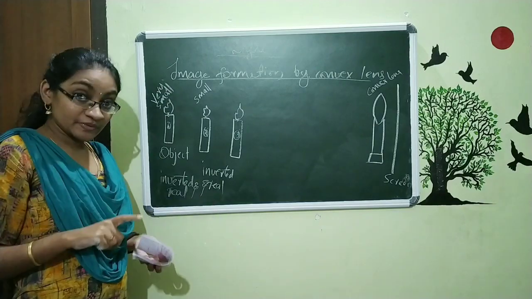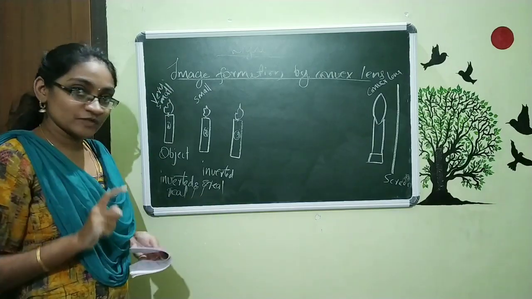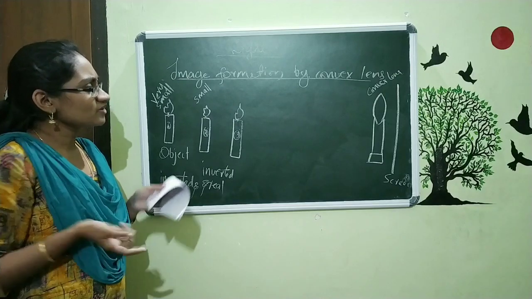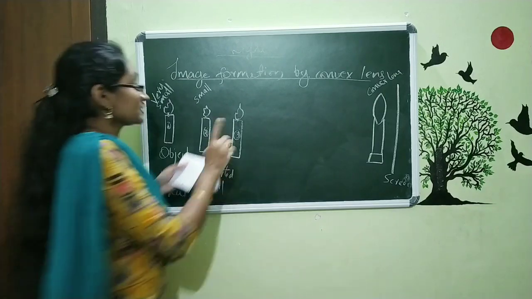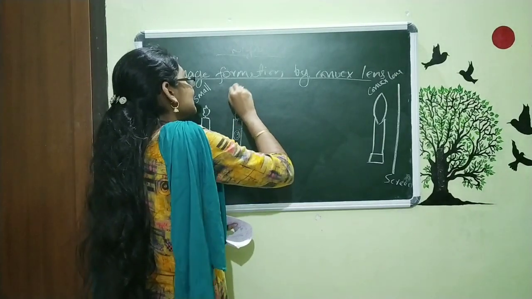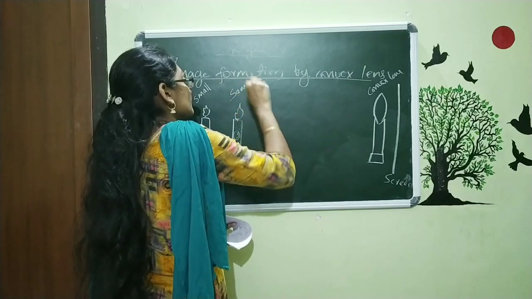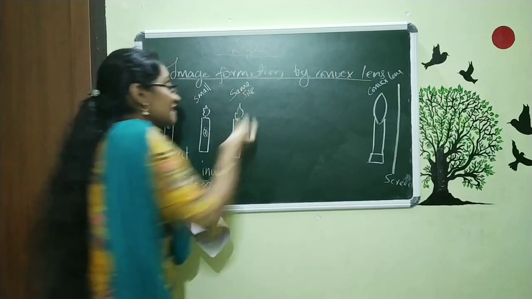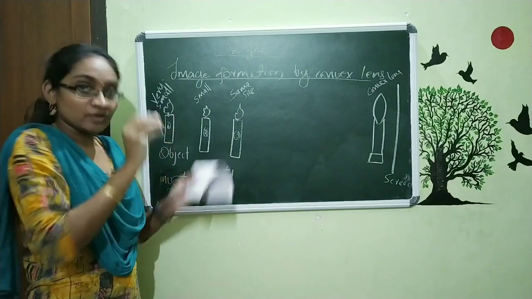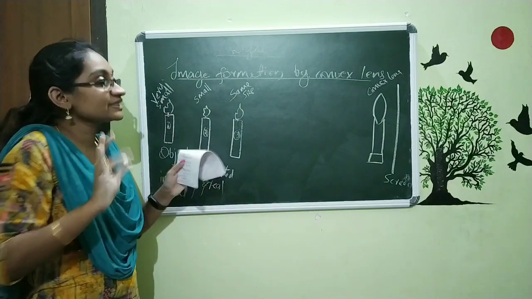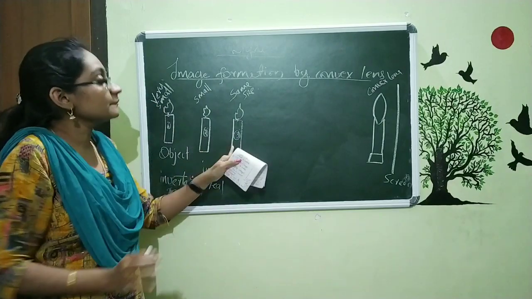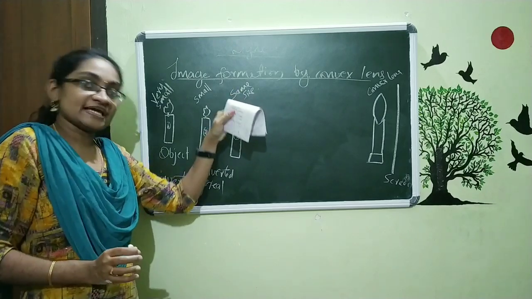And also you can see it is inverted. And now, what about the size? Here for the third position, the size is the same. Same size as the object. For the object and for the image, you will get the same size. So, for the third position, we can say it is the same size.